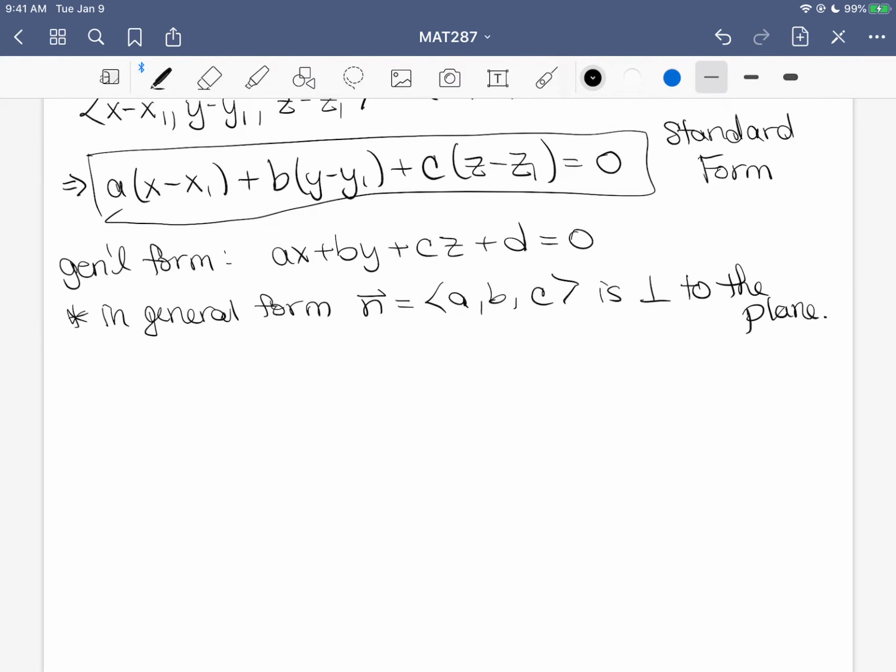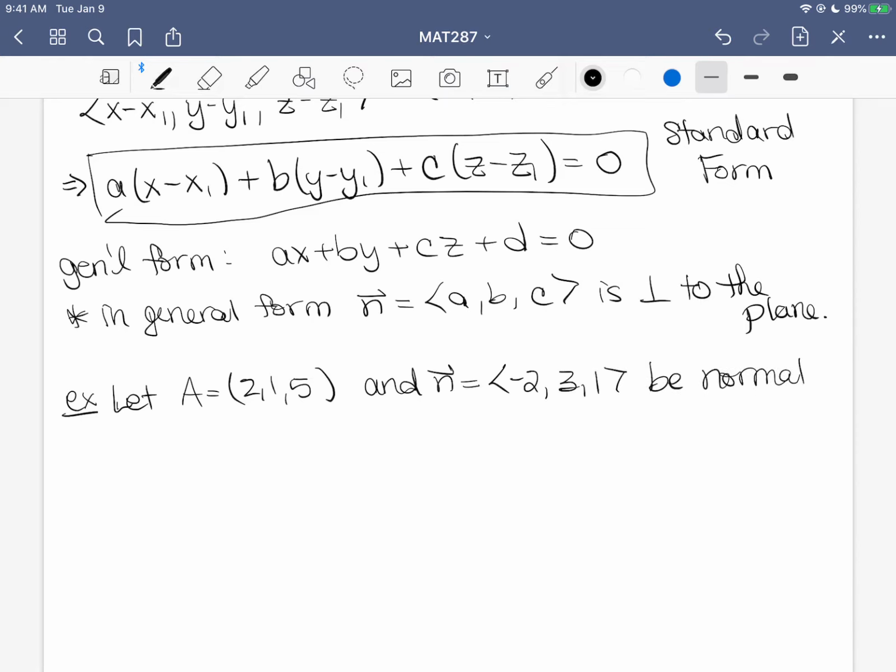All right, so let's try an example. Let A be the point 2, 1, 5 and n be the vector negative 2, 3, 1, and let's say it is normal to the plane containing A. Find the equation of the plane.